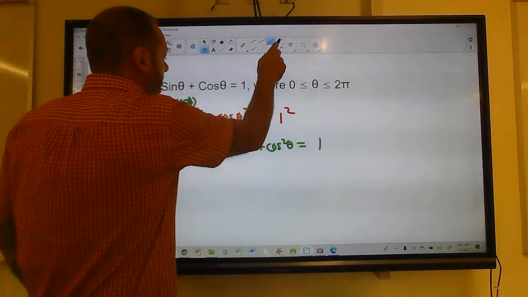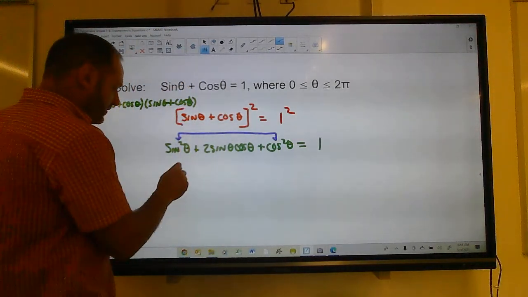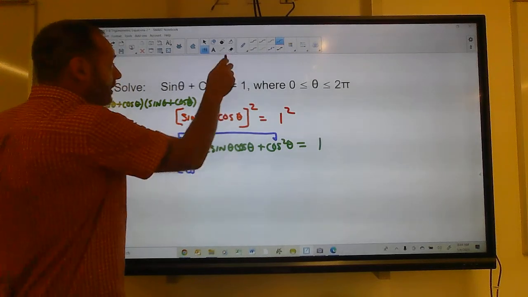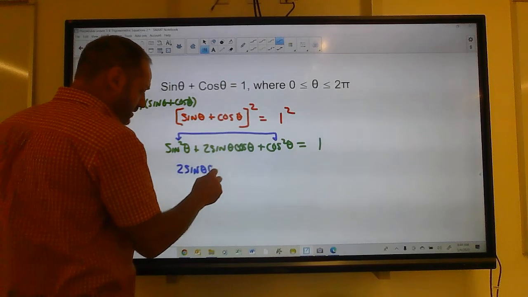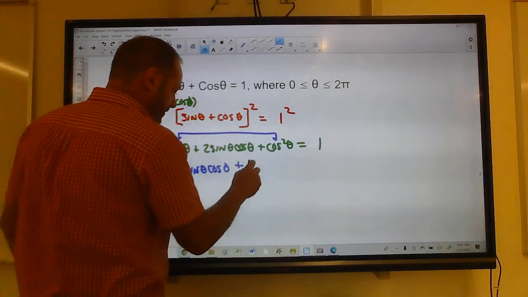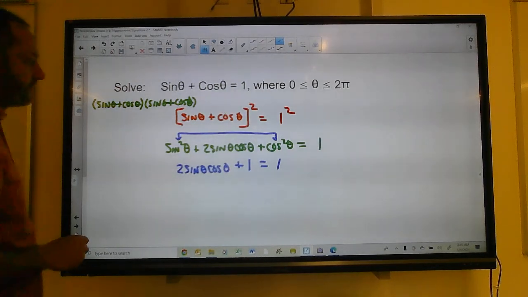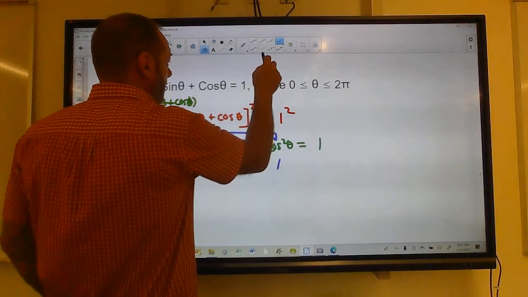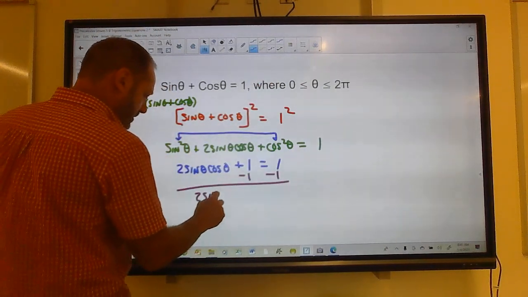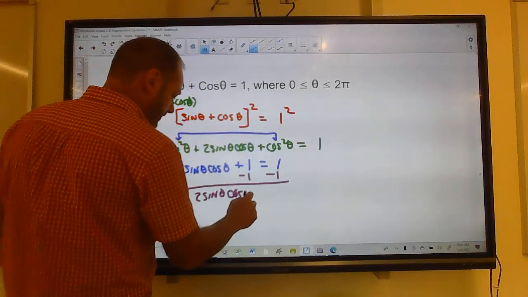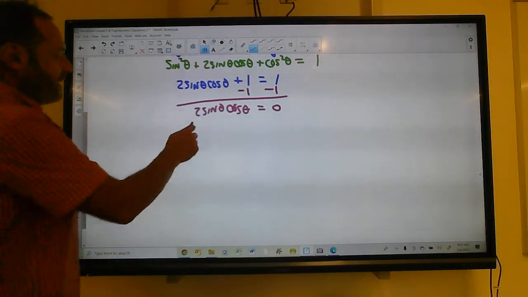Okay, now check this out. Sine squared theta plus cosine squared theta, that's just 1. So this is 2 sine theta cosine theta plus 1 equals 1. And if I subtract 1 from both sides, I get 2 sine theta cosine theta is 0. And that looks familiar.